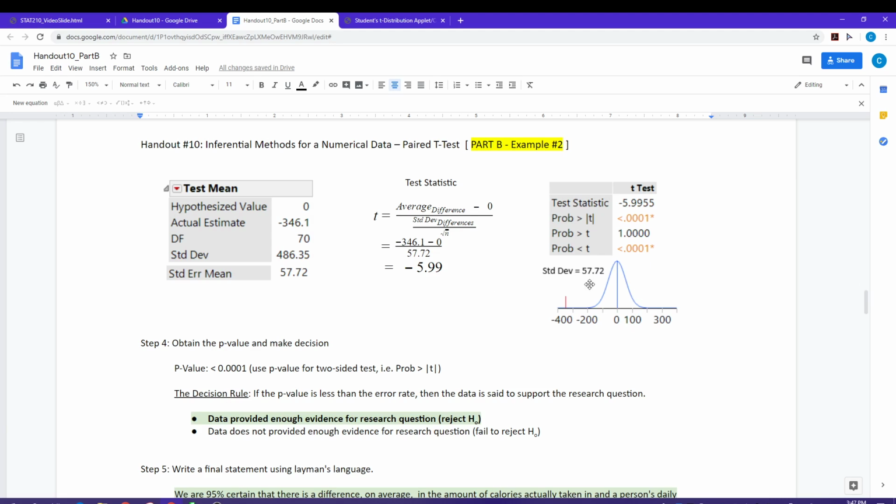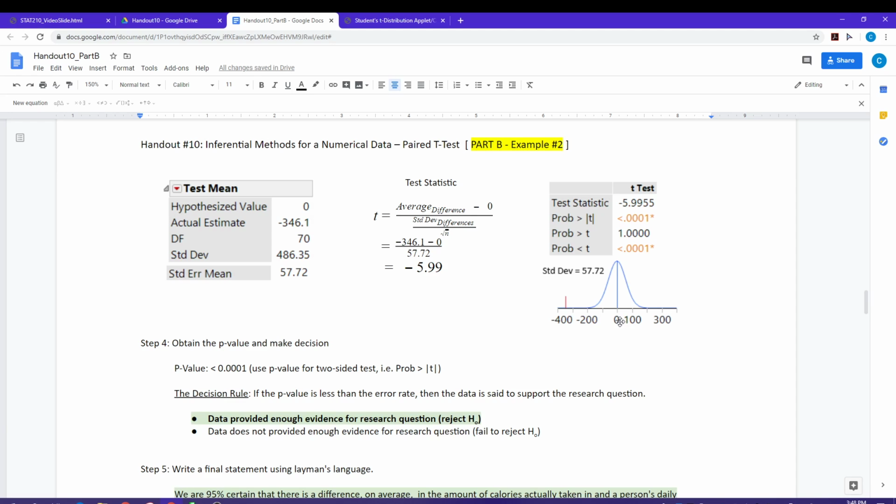So on my schematic here, on my t-distribution, one standard deviation is about 60. So starting here at 0, I have to go down about 6 standard deviations to get to my data value, or to get to my average of -346. I am 6 standard deviations away from 0. That's substantial. That's a lot.